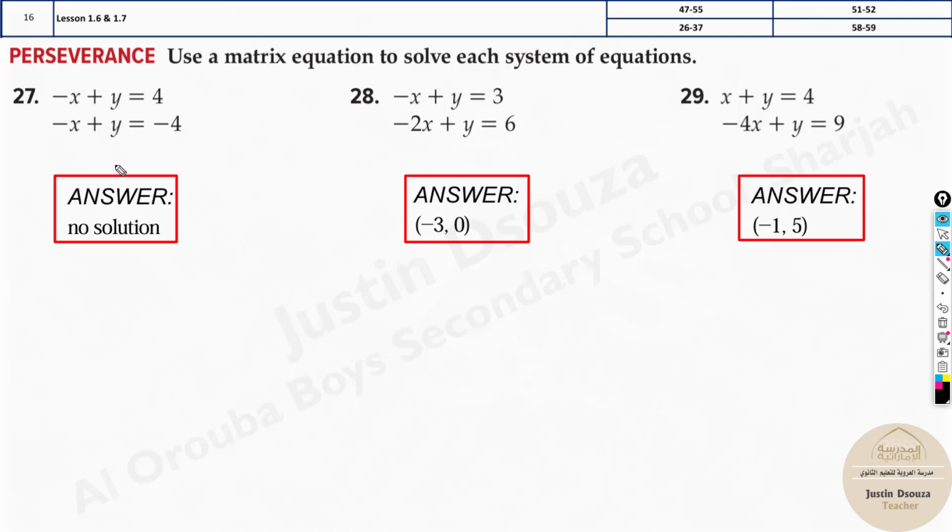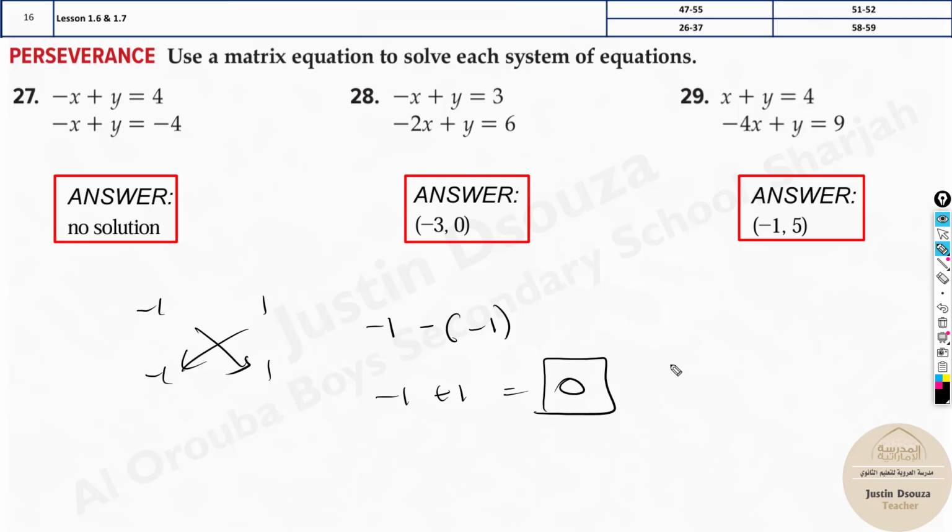Also you can try it with the matrix, I mean the determinant. Let's look over here. It's minus 1, 1, minus 1, 1. Let's find the matrix determinant. Sorry, I'm getting confused. It's minus 1 times 1 is minus 1, minus of, again, minus 1 times 1 is 1. So here it's negative 1 plus 1, which is 0.